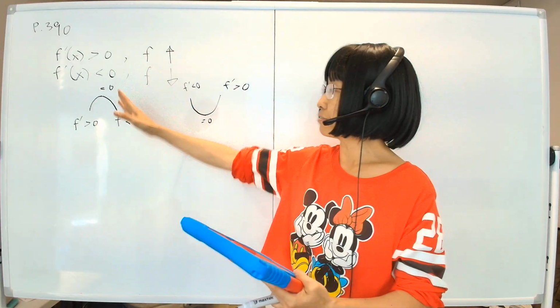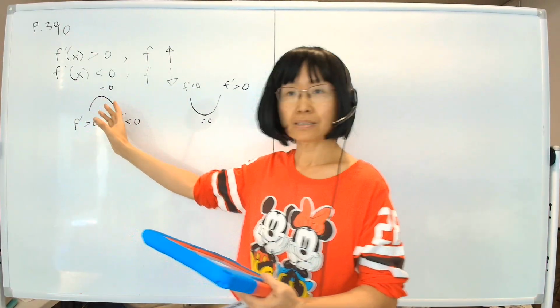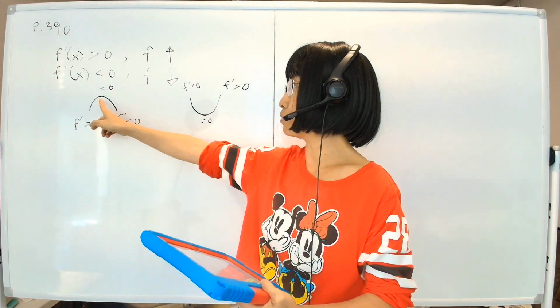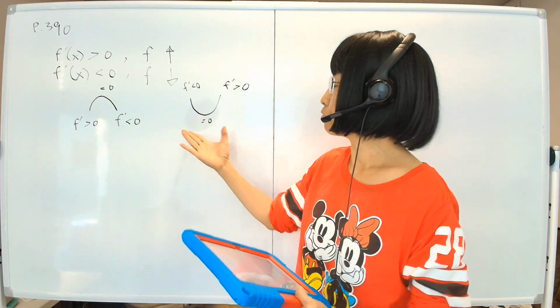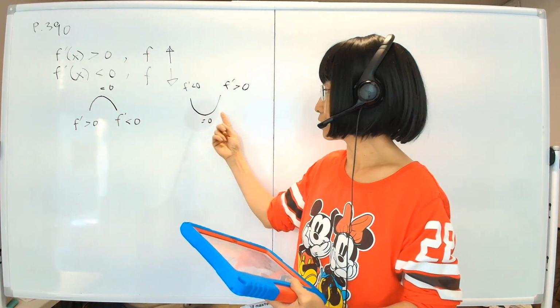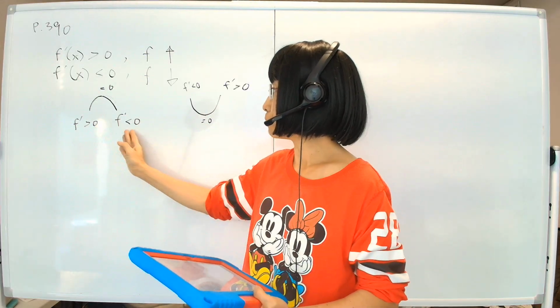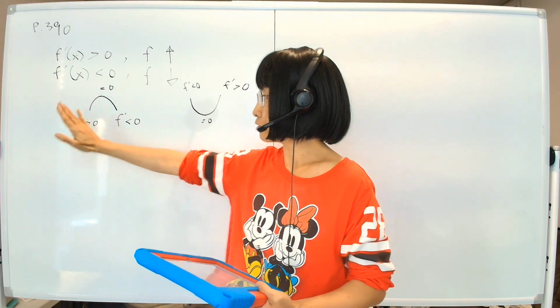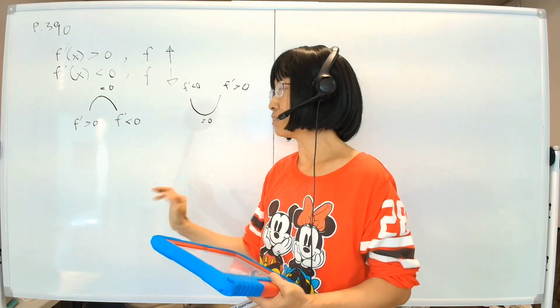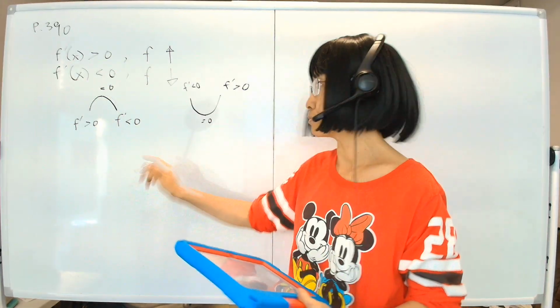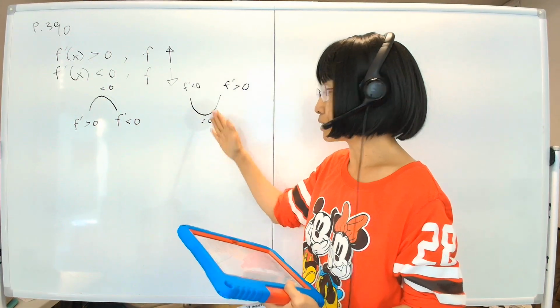This information is only for the area right next to the point in question, our critical point where f prime is 0. So you check the values close to it, and if one goes from bigger than 0 to less than 0, that means it's a local maximum. And similarly, the other way means it's a local minimum.